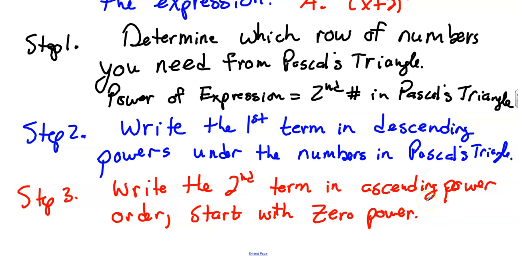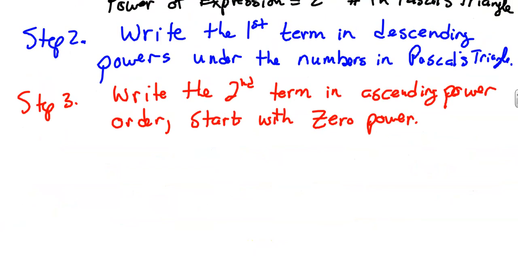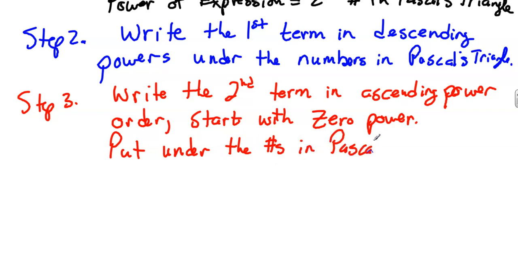And again, anytime you do anything with a 0 power, it's just going to make it a 1. So you kind of default on that one. The first number is going to be 1, just like in the triangle. And that one will also go under the numbers in Pascal's triangle.